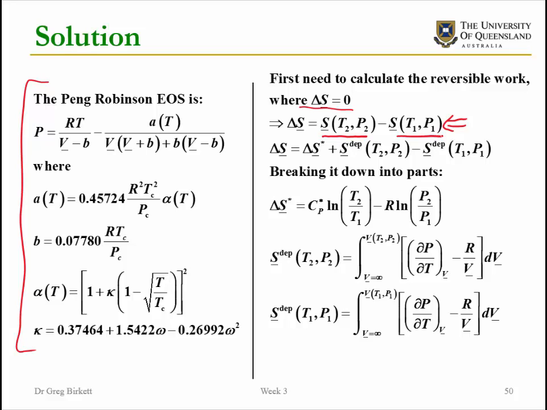As per the previous couple of lectures, I can group this into its ideal contribution to the change, and then also the departure contributions to the change. Expanding out on these, I've got the ideal gas contribution here, which we've calculated previously, and then I've got the departure entropy at the outlet conditions, and then the departure entropy at the inlet conditions.